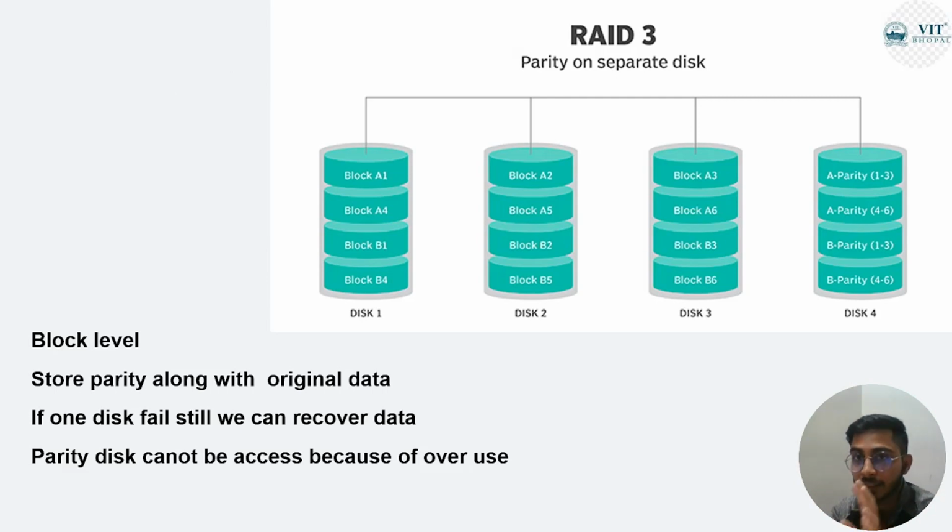Then RAID 3 is block level parity. With the help of parity, we can recover data if one disk has failed. I have explained this with an example also.